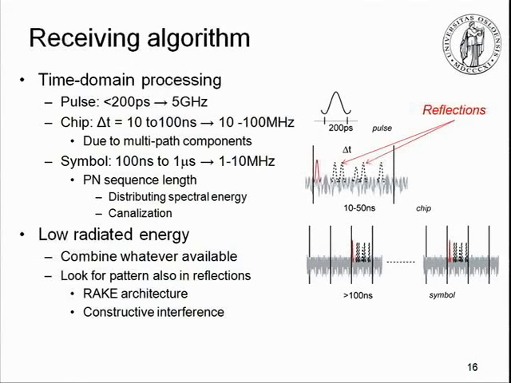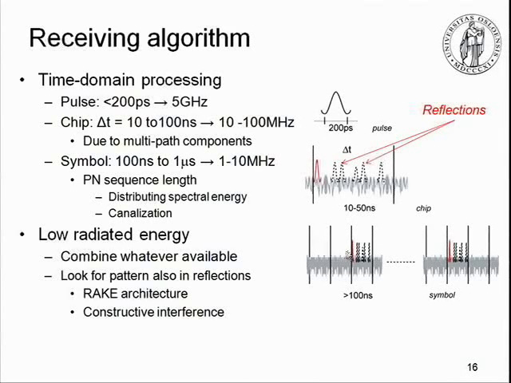What I see when I receive them is several copies of the pulse. They go down in energy, getting smaller with time. One single pulse, we usually call a chip.